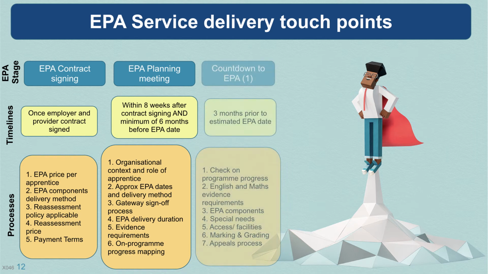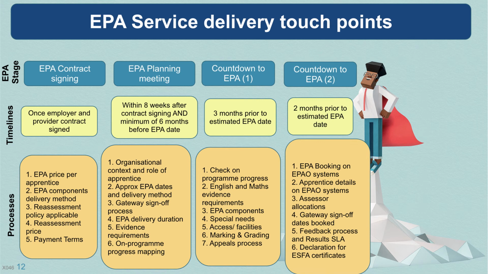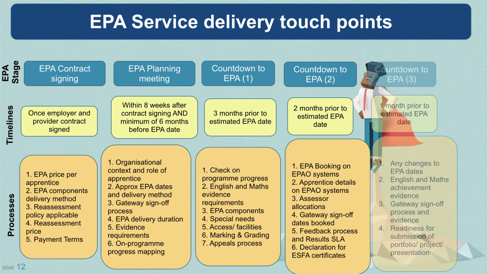And then subsequent to that, we start with our touchpoint process, what we call the countdown to EPAs, and we've got 3 specific touchpoints there, starting from 3 months prior to the EPA date, and then again at 2 months, and then 1 month prior to the EPA date.